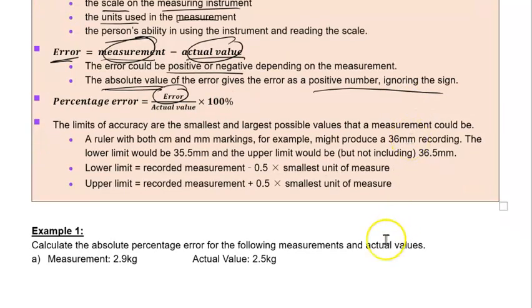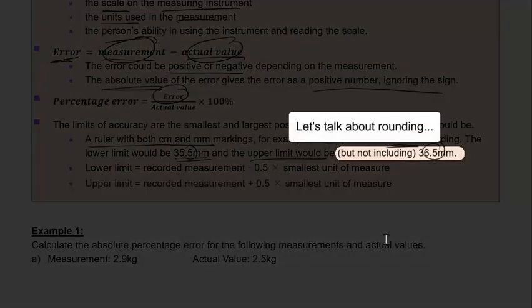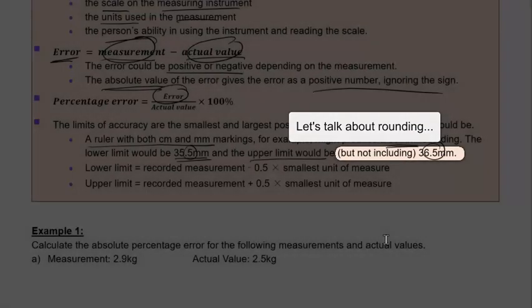The limits of accuracy are the smallest and largest possible values that a measurement could be. A ruler with both centimeters and millimeter markings, for example, might produce a 36 millimeter recording. The lower limit would be half a millimeter below, and the upper limit would be half a millimeter above.